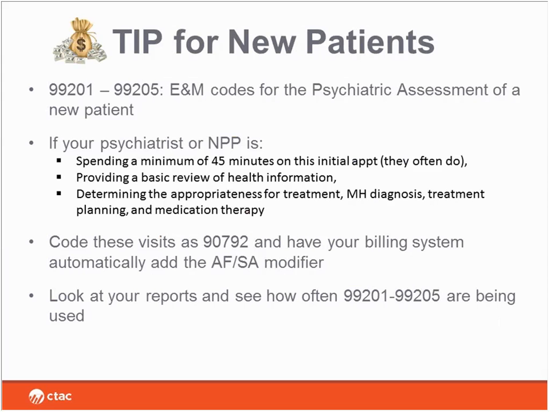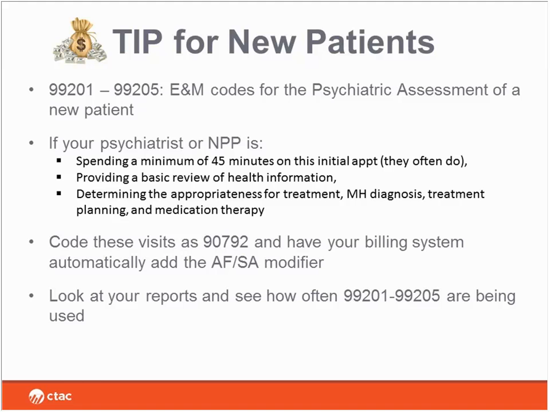Here's a bag of money tip. If your psychiatrists are seeing new patients, and the new patient codes are the 99201 through 99205, it's highly likely that the first time the doc meets with someone, and this was a polling question, so maybe at the end we can find out what the results were, but this is why it was asked: what's the average length of time your docs are spending with someone the first time they meet with them?